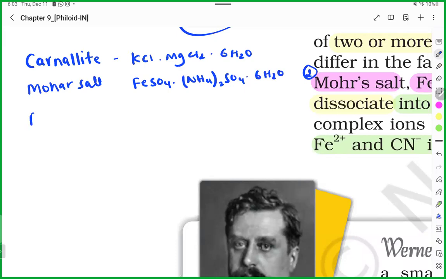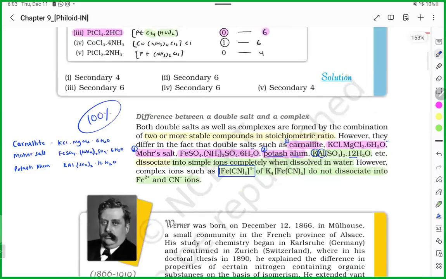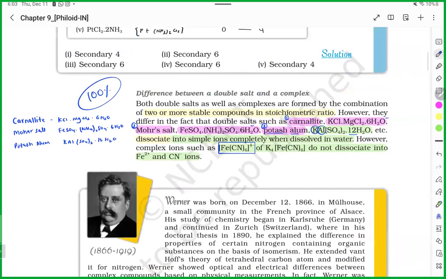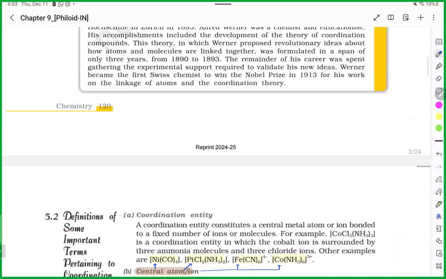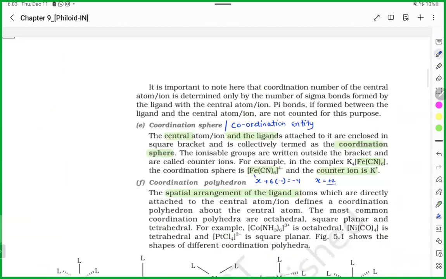Potassium alum is easy because based on the name you can understand it is potassium and aluminium. Here you have to revise multiple times to get more clarity.